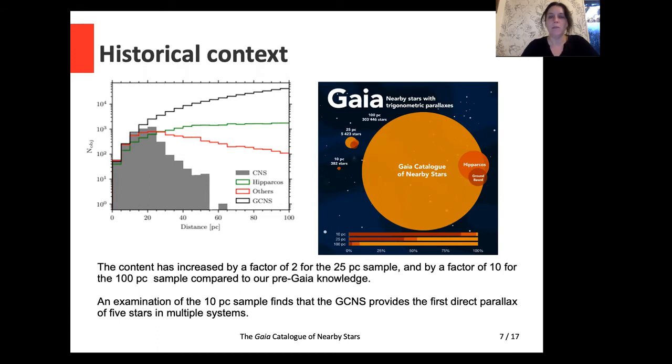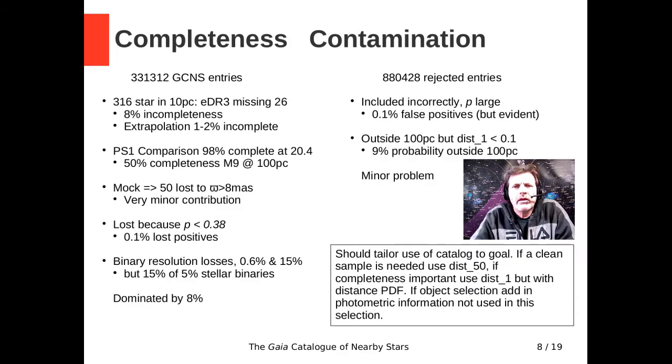For the nearby objects in multiple systems, the non-single star motion induces large residuals and they have no correct full astrometric solution. This problem should be resolved with the next Gaia data release that will have multiple star solutions. However, an examination of the 10 parsec sample finds that GCNS provides the first direct parallax of 5 stars in multiple systems.